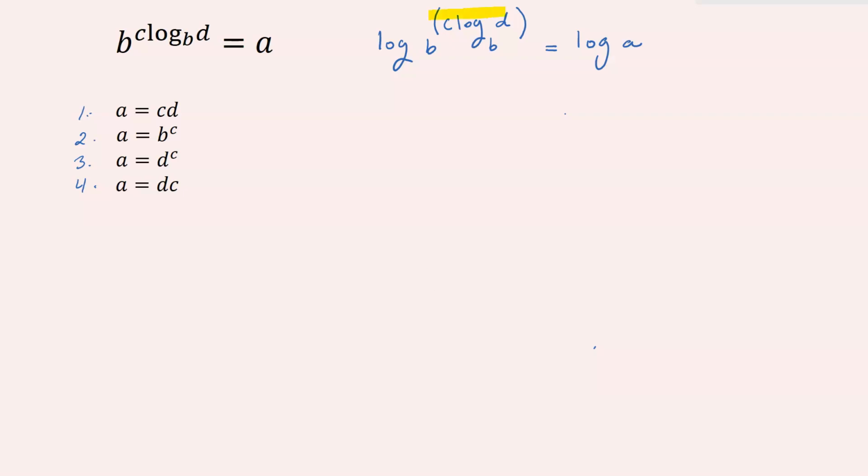So this is the exponent of b. What we are going to do is that c log d base b comes to the front, basically multiplied by log of b. That's one of the log laws, and log of a stays the same.